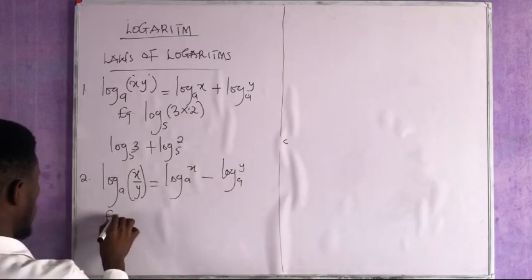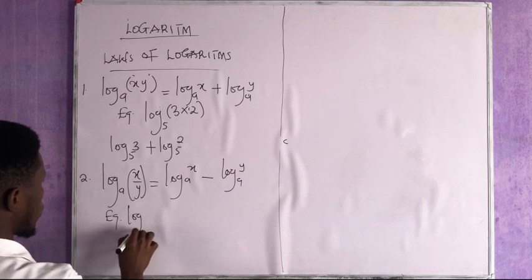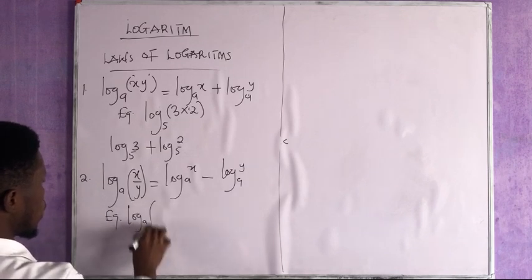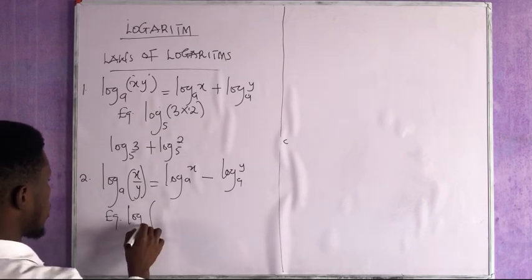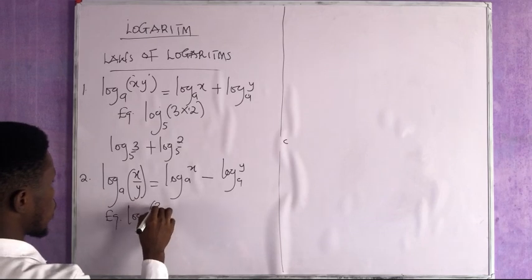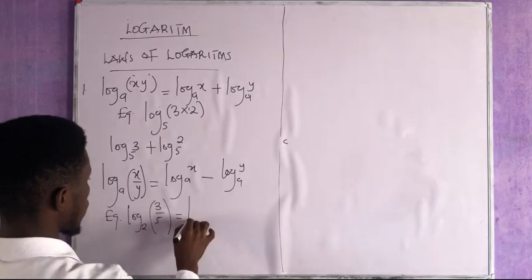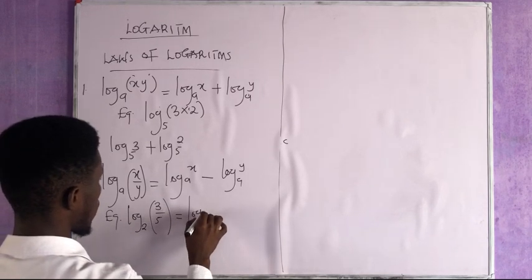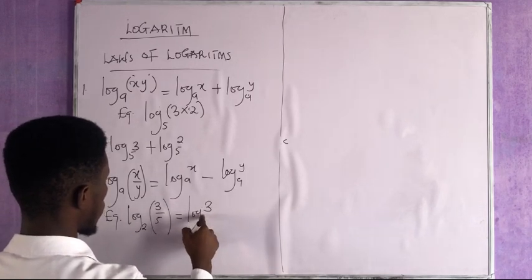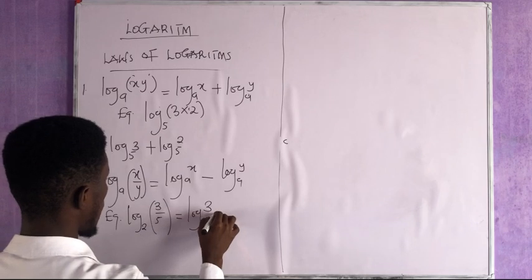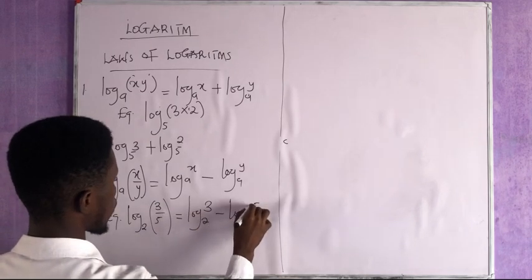So if I have log, let's use the base to be 2, 3 over 5, then this can be expressed as log 3 base 2 minus log 5 base 2.